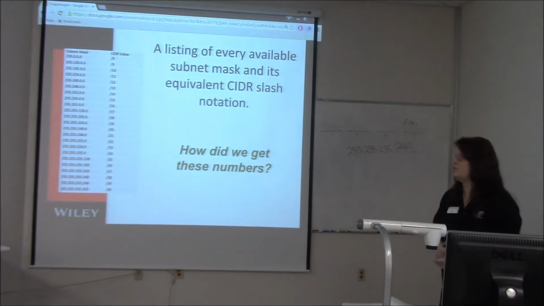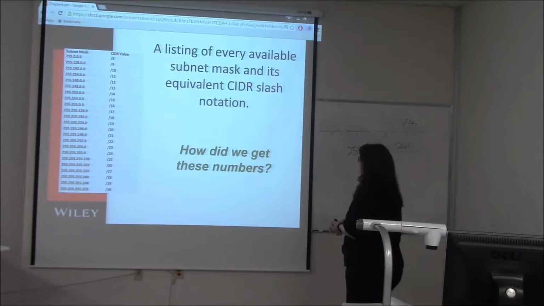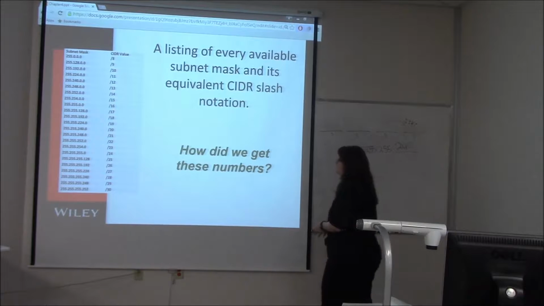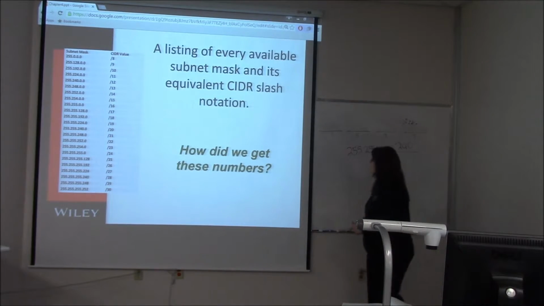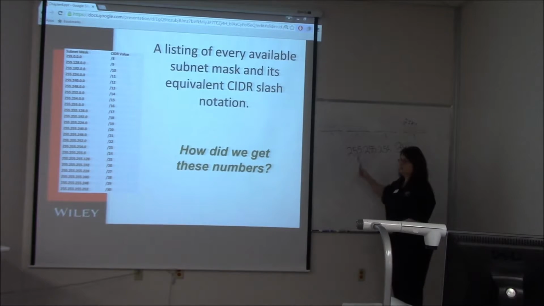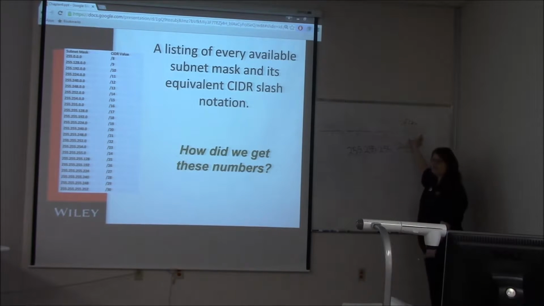On the next slide, you're going to see a bunch of available subnet masks and what their CIDRs look like. You can pick up the pattern as you go down. The full octets are going to be 255s, and wherever it's not a full one, you're going to have to do some binary math to figure out what the subnet mask is.